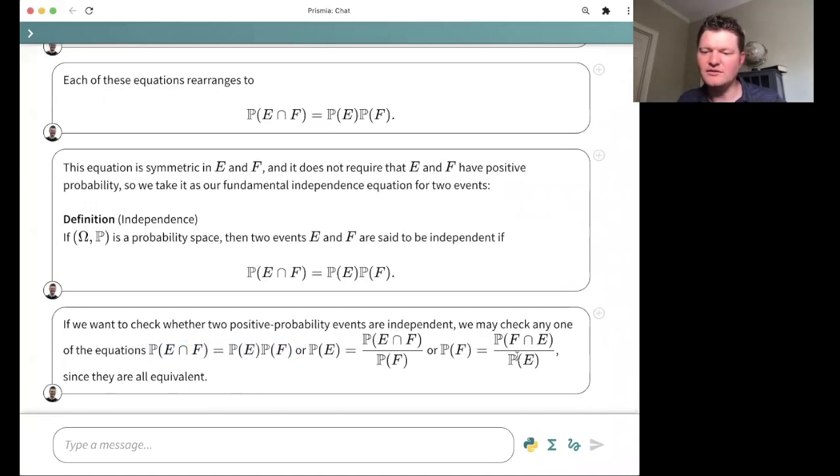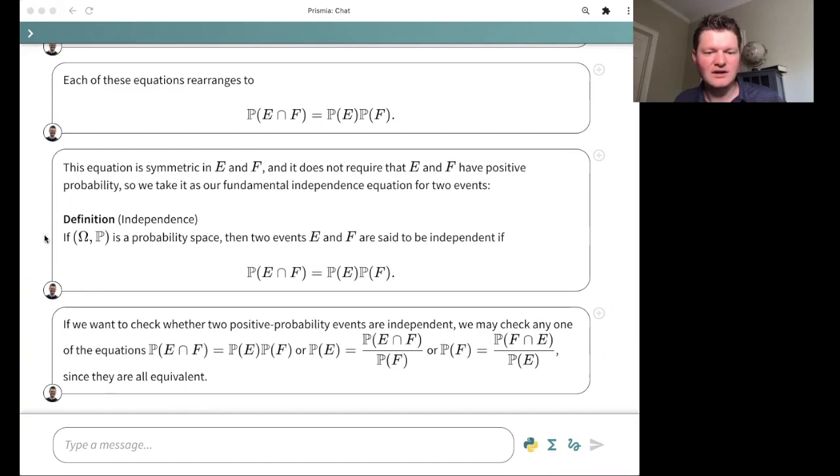We could use either of the other two since they contain the same information, and in some cases that's helpful, but often it'll be easier just to say, okay, for these two events, if they both occur, what's the probability of that? If one or the other occurs, let's see what the probability of each of those are. And we'll just check this equation. Does the product of those two things equal the other thing?